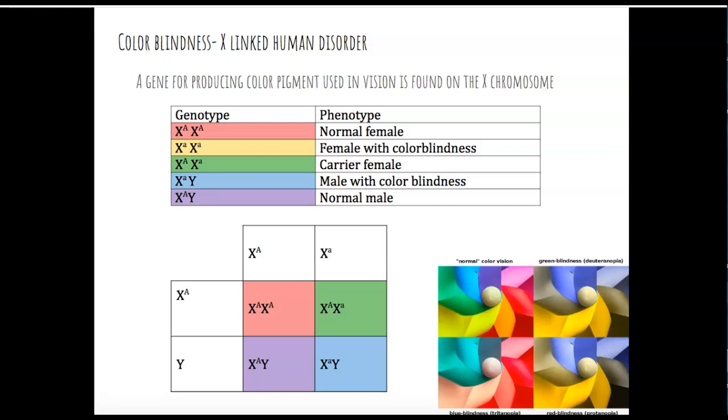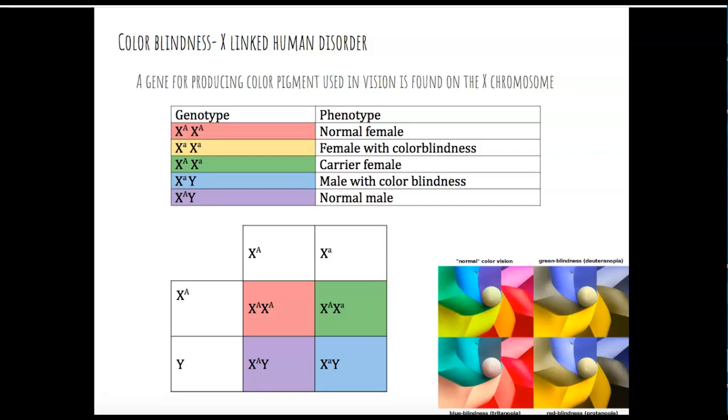From that, those individuals would have 100% of their daughters, the squares where there's two X chromosomes, with normal color vision, and 50% of the sons that this couple has would have color blindness, and the other half would have normal color vision.